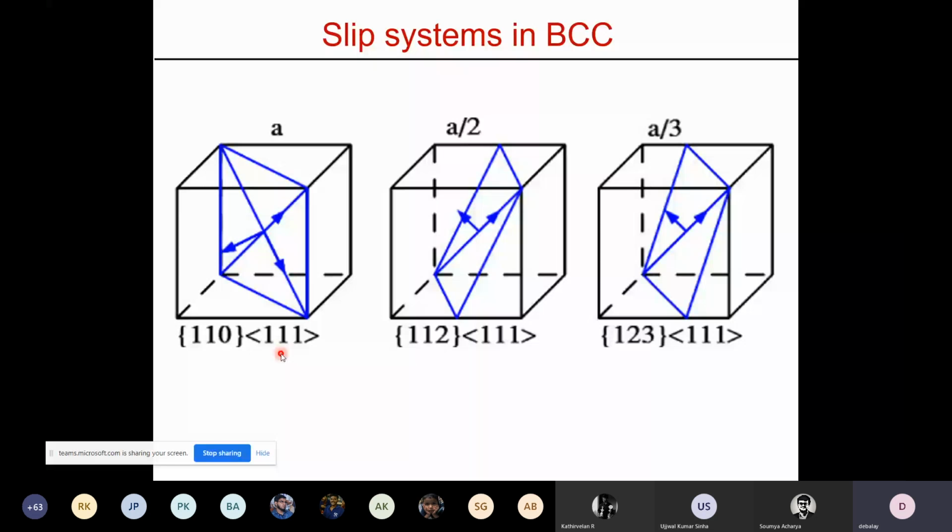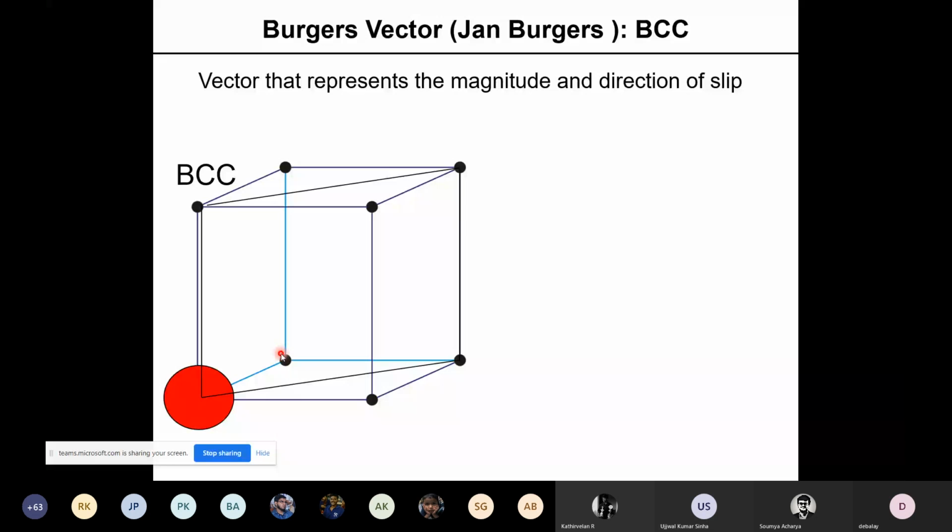In BCC, what will be the Burgers vector movement for a perfect movement? 110, 111 is the slip system: 110 is the plane which I am showing, and 111 is the slip direction. So how will it move in the 111 direction? What will be the one step movement? The corner comes to the body center, and as the corner comes to the body center, the body center moves to the next corner.